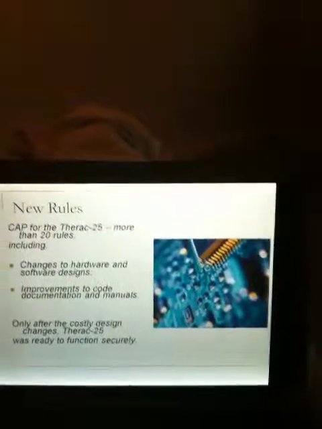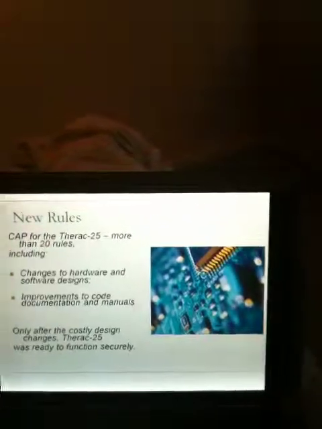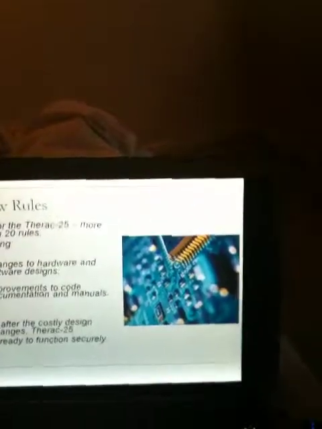And only after these changes would the Terra 25 work securely again.